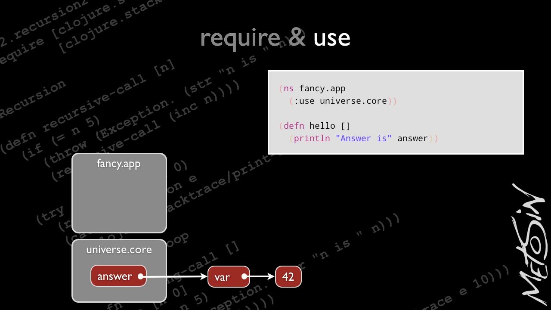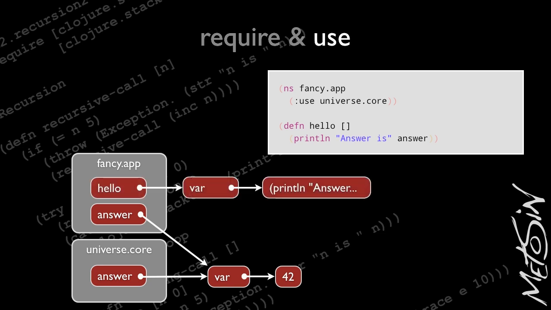Then universe.core namespace was required, loaded into memory. And then the use continues with that and imports all the symbols from universe.core into our namespace. So now that we define a hello symbol and point it to function, we don't have to specify any namespaces. Answer is a symbol in our local namespace.